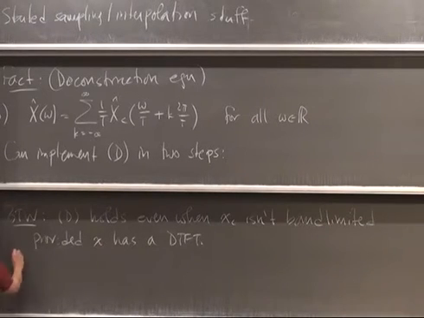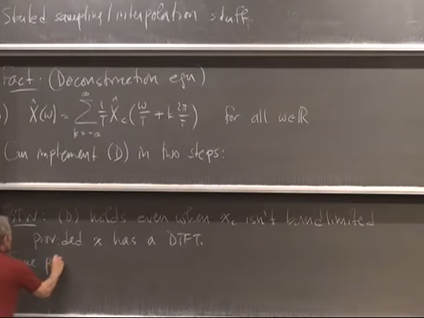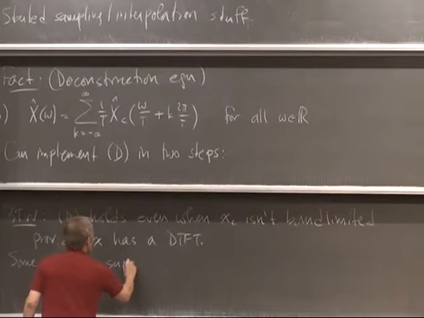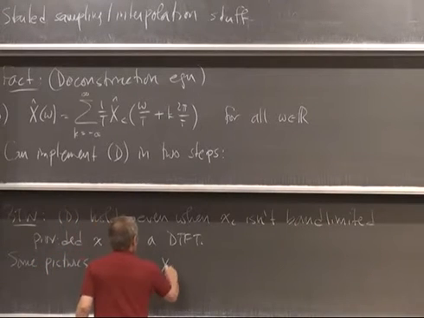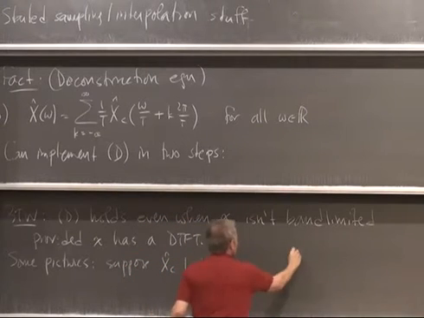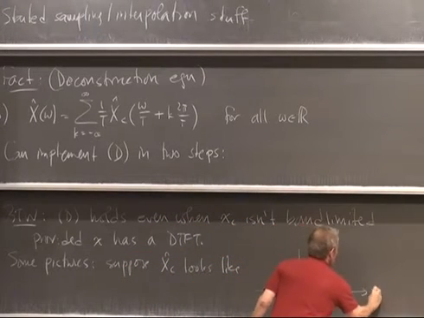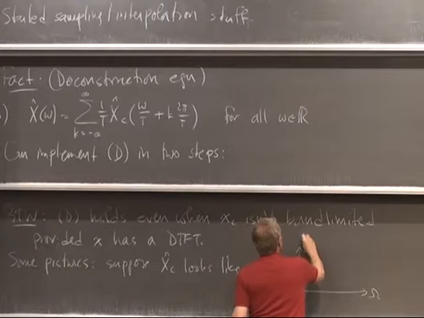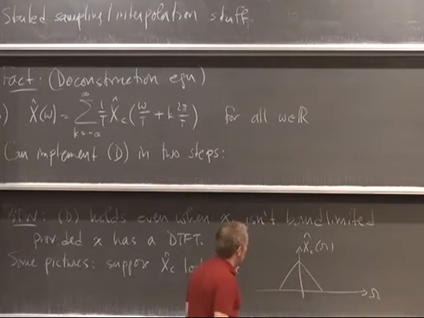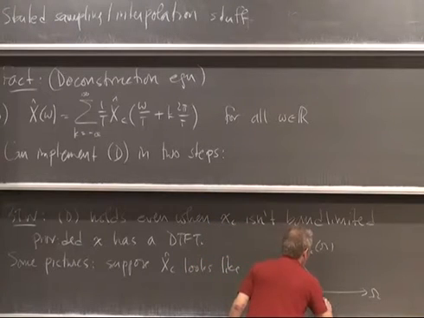All right, here's some pictures to show what's going on. Suppose xc hat looks like this. It's an easy to work with picture, just a triangle like so, and say it goes out to plus and minus omega m.